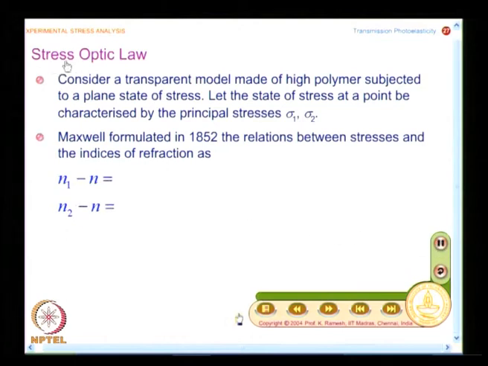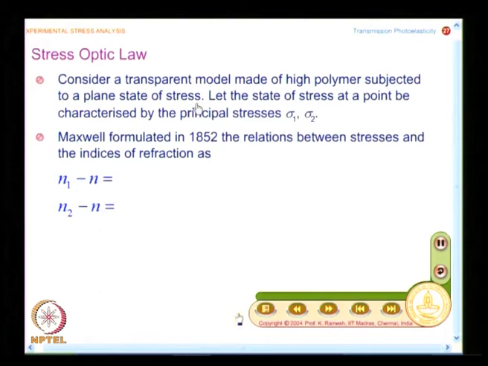It relates stress and optic. When I do this, I consider a transparent model material made of a high polymer, and for simplicity, subjected to a plane state of stress.